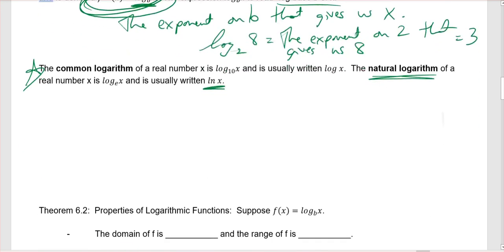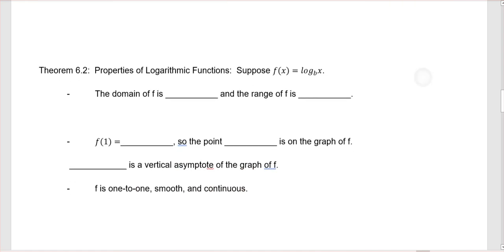So when we have properties of logarithm functions, the domain and the range just switch. The domain of a logarithm function is the range of the exponential function, and the range of a logarithm function is the domain of an exponential function. So those guys switched around.